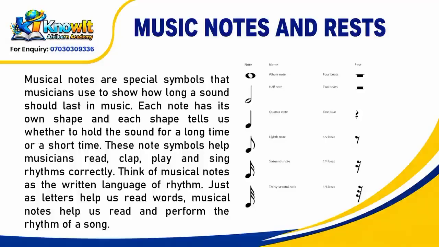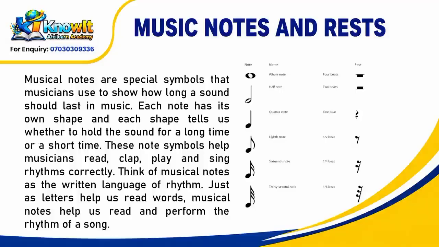First, you need to know that musical notes are special symbols that musicians use to show how long a sound should last in music. Each note has its own shape, and each shape tells us whether to hold the sound for a longer time or a shorter time.